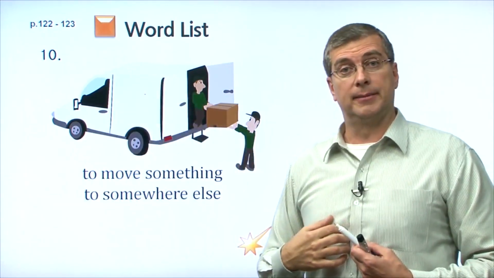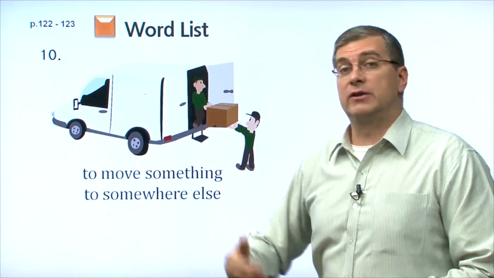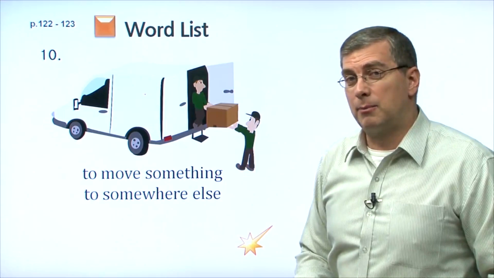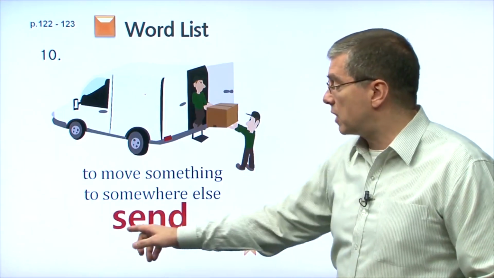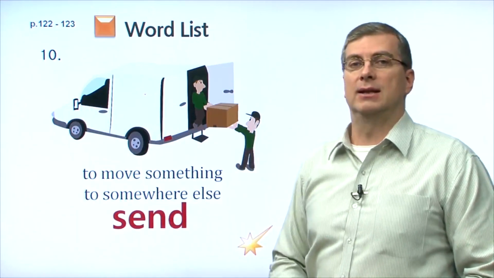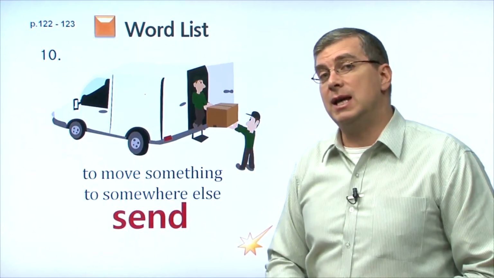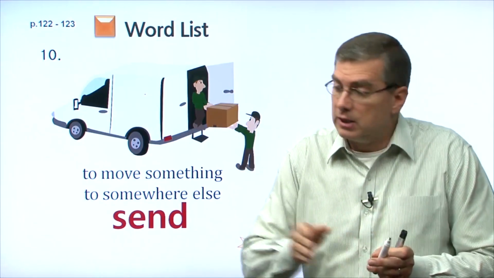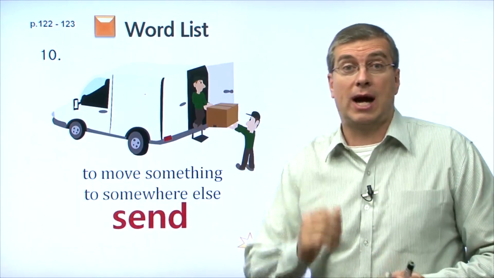I'm in Korea. I want to send a present to my friend in America. I will do what with that present? I will go to the post office and I will send the present to my friend. When we talk about electricity, we need to send electricity from the power plant to the outlet in your house.